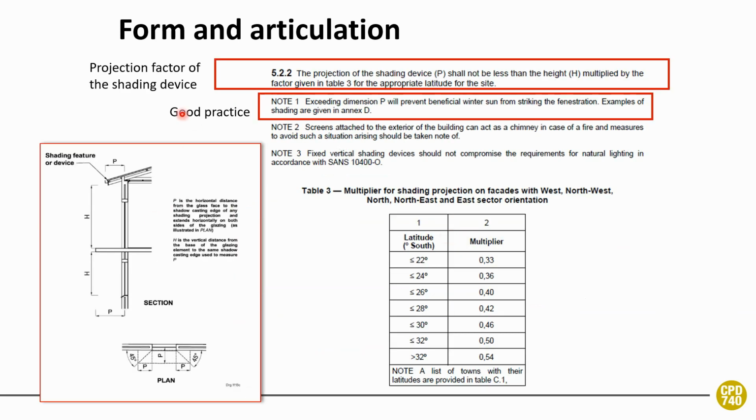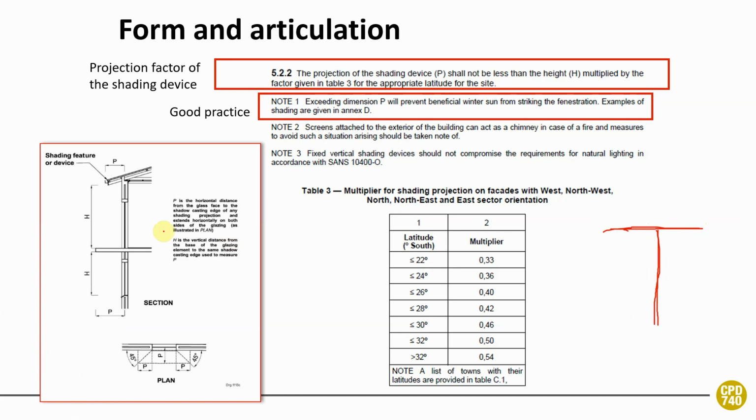Just to remind you, and this is important for the glazing thinking, in the end you have to be able to consider what the extent of that shading device would be. Remember, we're talking here of the horizontal shading device that extends beyond the edge of the glazing itself.